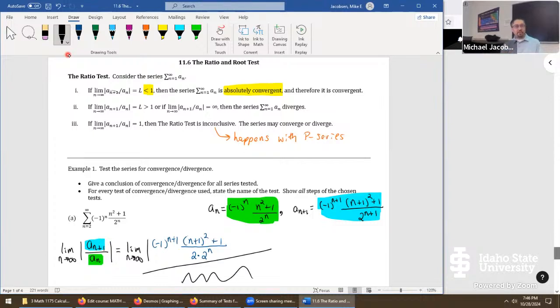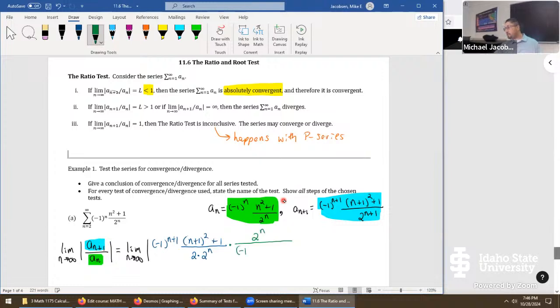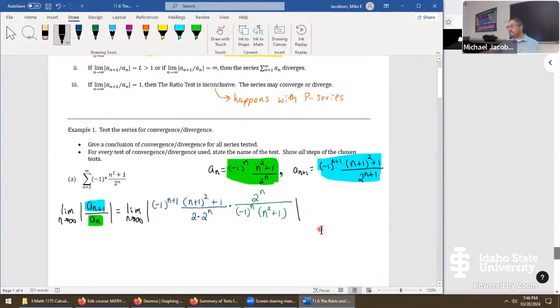The new step is to write out the whole thing where we multiply by the reciprocal, not making too much progress. So this is a shortcut that's practically just essential. Take this and form its reciprocal: 2 to the power of n, (-1)^n, and n squared plus 1. And that saves a lot of time.